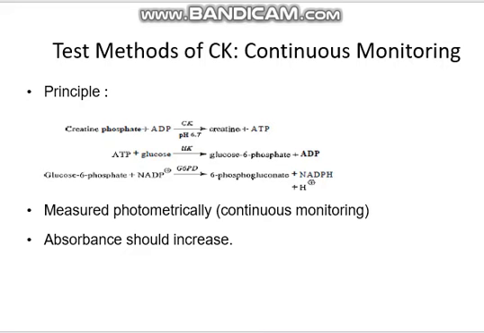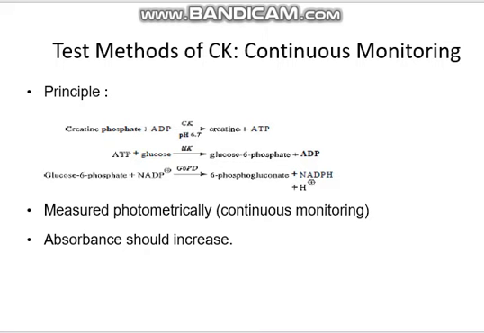The ATP that was produced in the process will be made to react with glucose in the presence of another enzyme, okay, and it will form glucose 6-phosphate plus ADP. This glucose 6-phosphate that was produced in the previous chemical reaction will be made to react with a third enzyme, glucose 6-phosphate dehydrogenase, in the presence of a coenzyme, NADP, and it will produce 6-phosphogluconate.